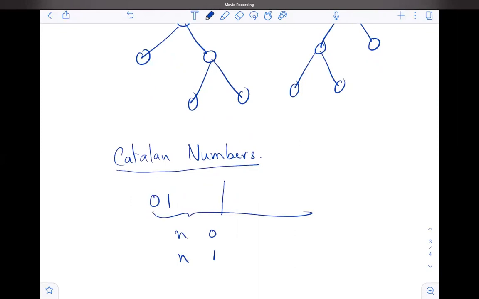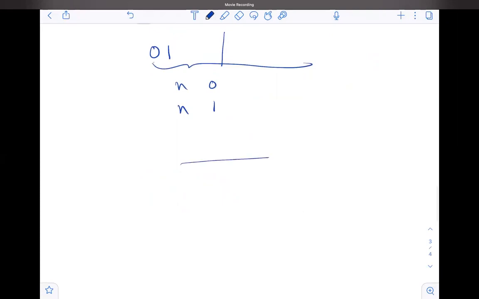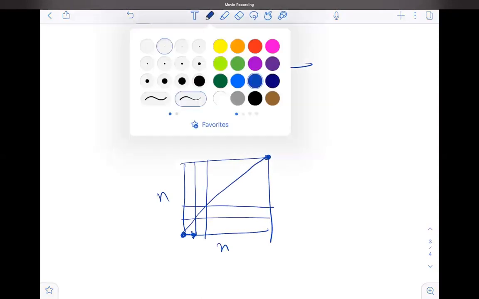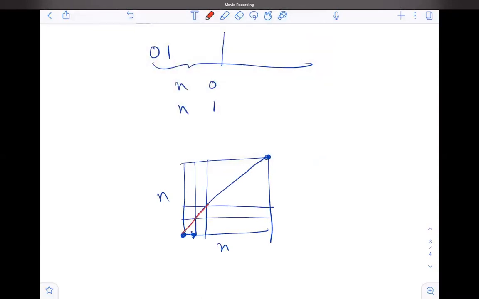There are lots of different ways of saying it. Another way is that you have an n cross n grid, and you can only walk along the horizontal or vertical grid lines. The number of shortest paths from the bottom left corner to the top right corner that will not cross this wall on the diagram.